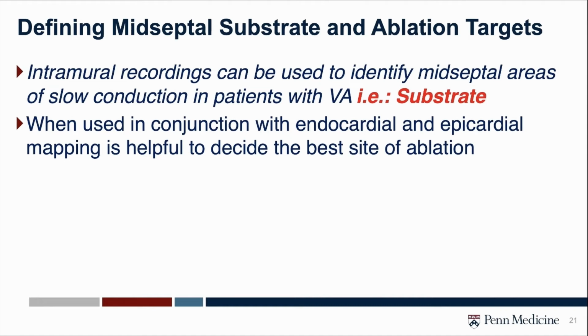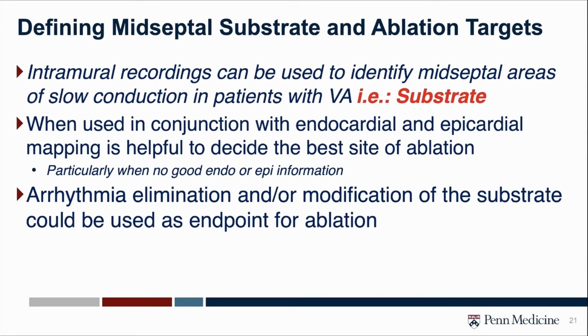In the setting of septal substrate, you don't have access to the epicardium for the substrate, so you're talking about endo and intramural recordings from RV and LV, and then the wires or the catheters in the venous septal perforators. It's particularly useful when you don't know where to ablate, because there's nothing good on the endo. The arrhythmia elimination or modification of the substrate could also be used as an endpoint.